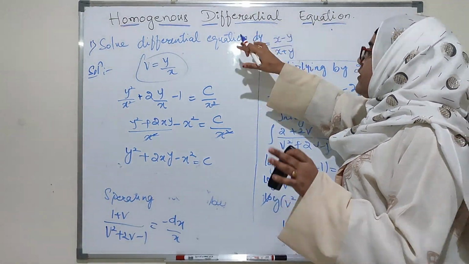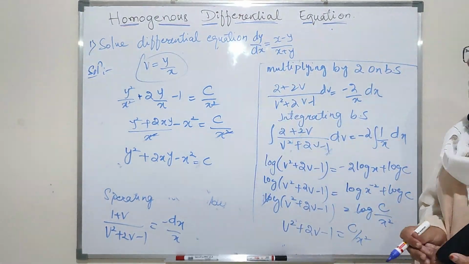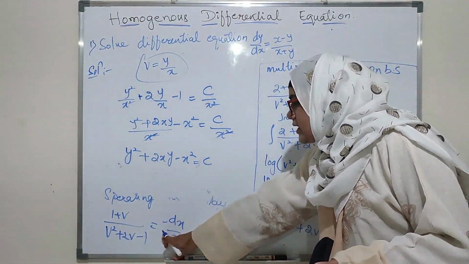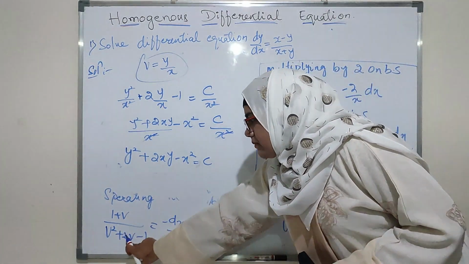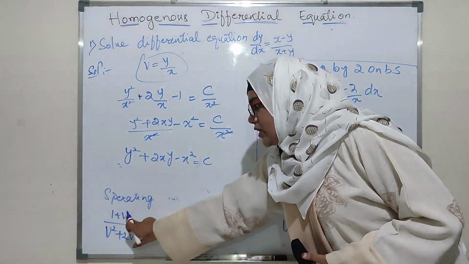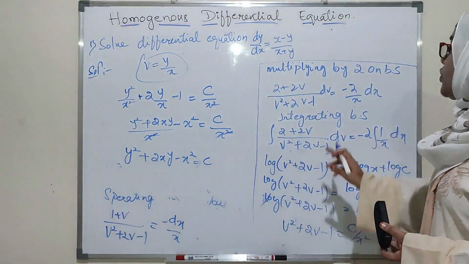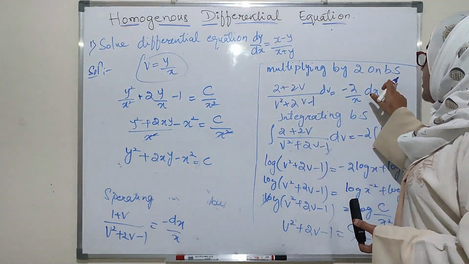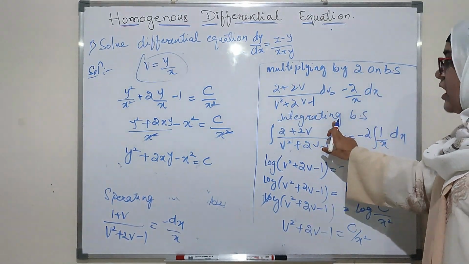Now after substituting the dy by dx value, we have to use the variable separable method. After separating the variables, we have to multiply. Here we are having v square plus 2v. So the differentiation of v square is 2v and 2v differentiation is 2. That's why we are multiplying both sides by 2. After multiplying, we have to integrate.